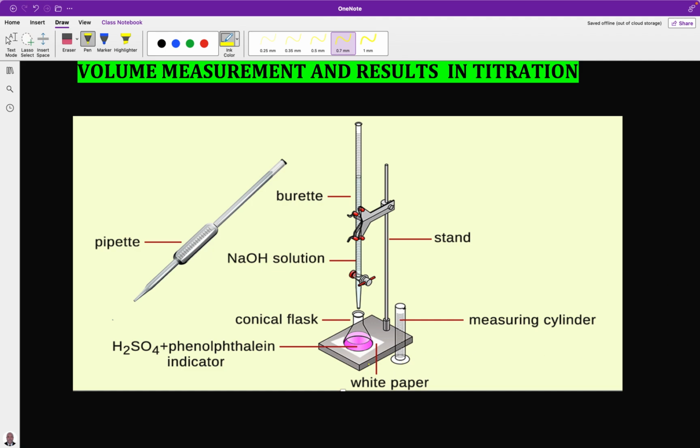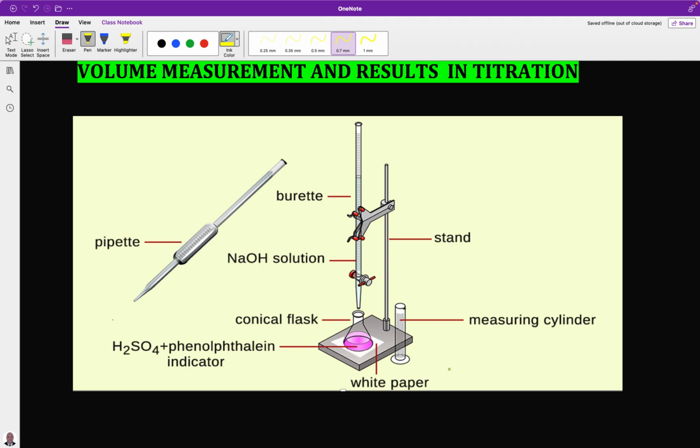You will need a conical flask, especially for acid-base titration, to put in your acid and the indicator. You will need a white tile or a white paper.